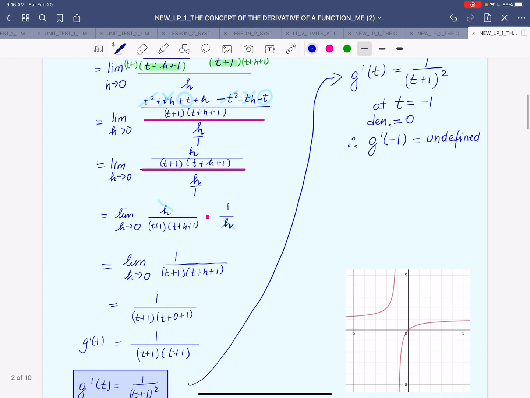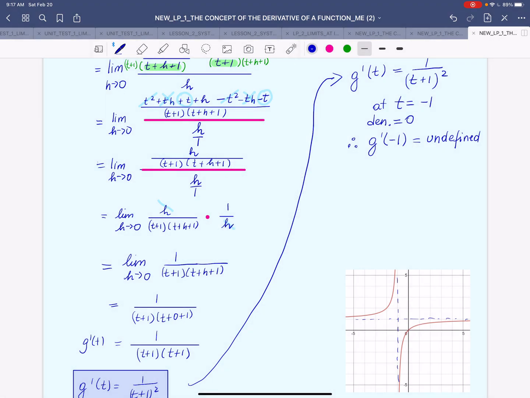And if you graph this function actually at negative 1, there is an asymptote. And because it's impossible to draw a tangent at a point where the function is undefined, because there is no point where we can actually draw the tangent, that's the reason why we say that the function is non-differentiable at negative 1.